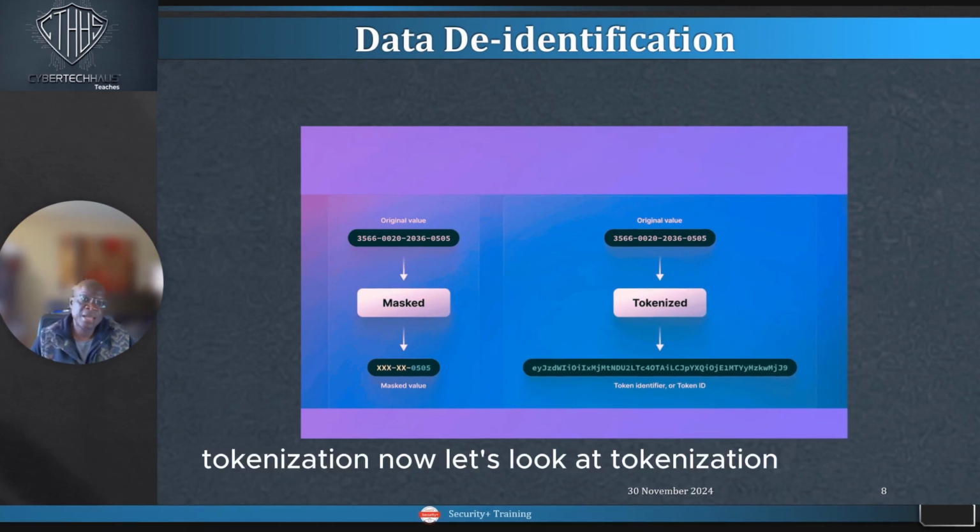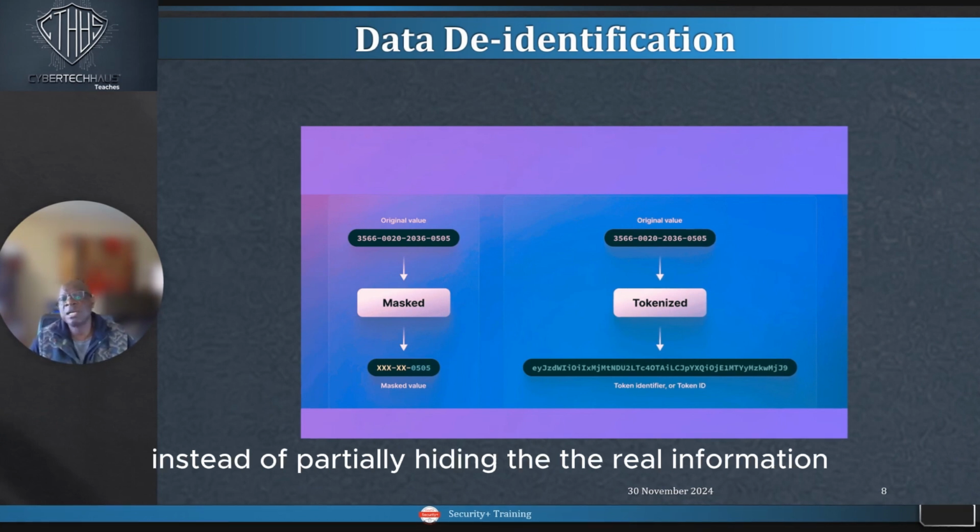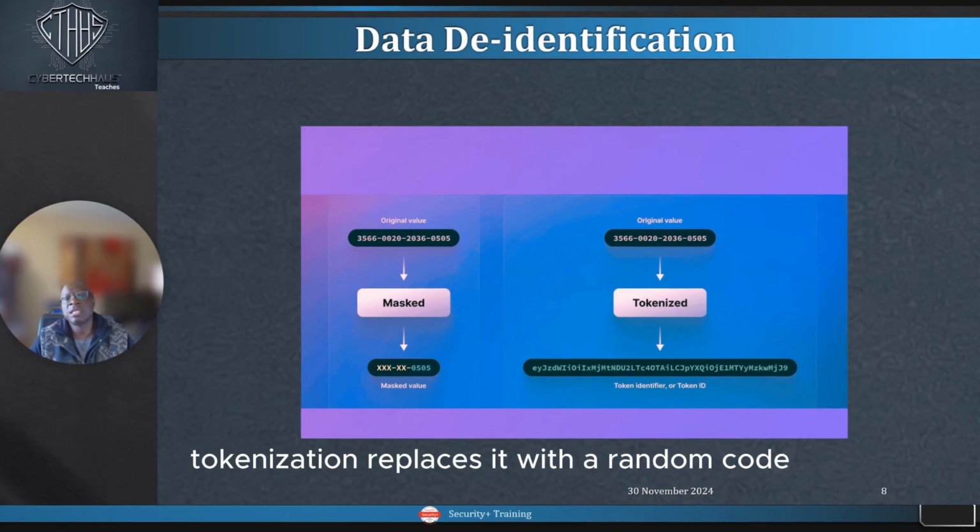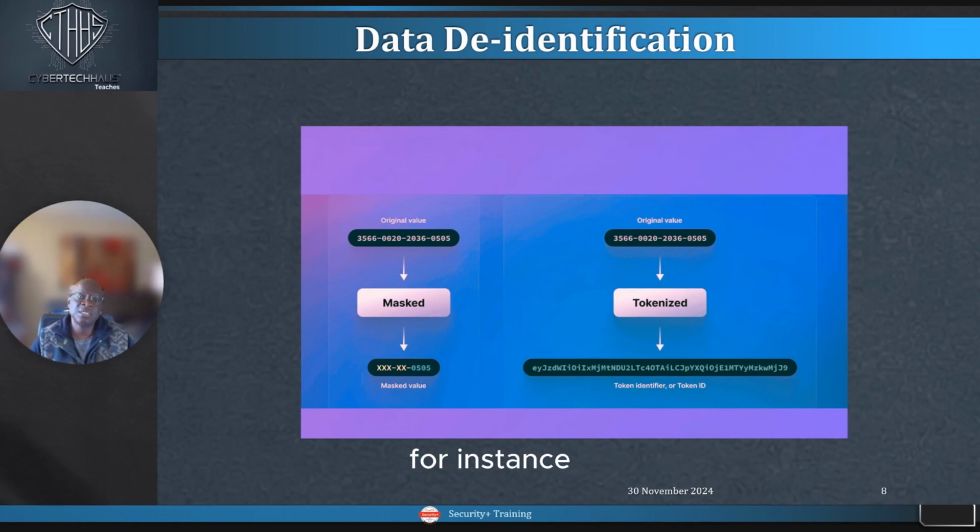Tokenization. Now, let's look at tokenization. Instead of partially hiding the real information, tokenization replaces it with a random code. For instance, turning the social security number 123456789 into ABCD 9876.